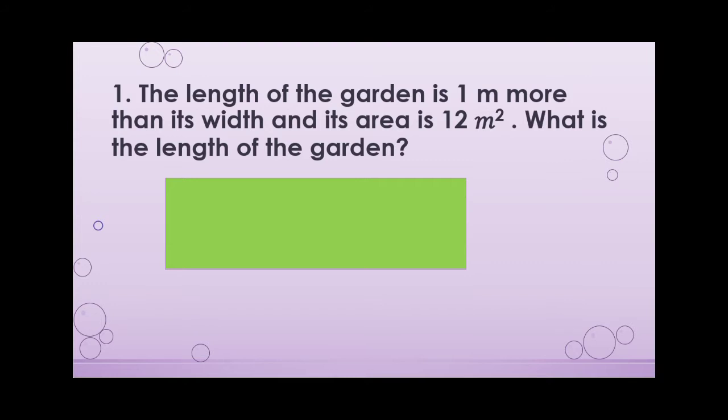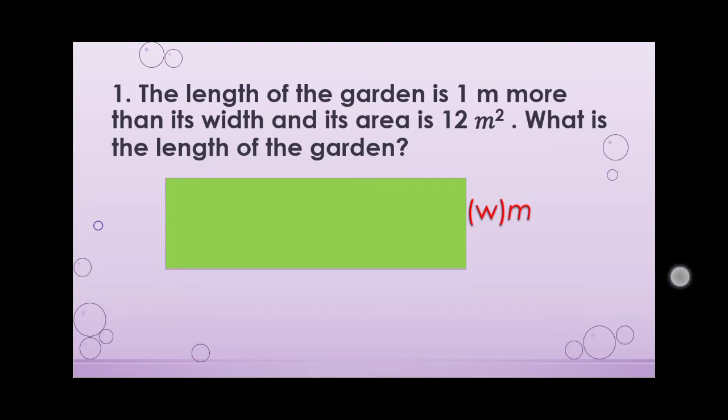So, how do we get the length? Although, the width is not given. So, since the width is not given, let us represent it by W. M here is the unit, which is meter. So, we will add 1 to W, and that will be the length of the garden.